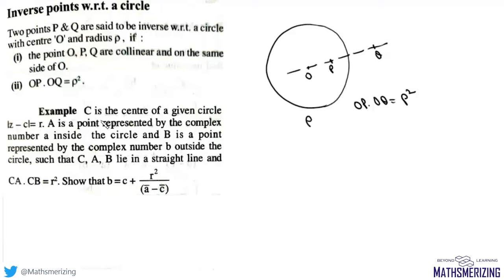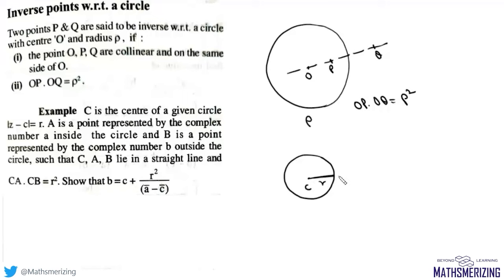Now say for example, we are given that C is the center of a given circle, mod of z minus c equals R. So we have this circle whose center is at C and radius is R. Now it says A is a point represented by complex number a inside the circle and B is a point represented by complex number b outside the circle.